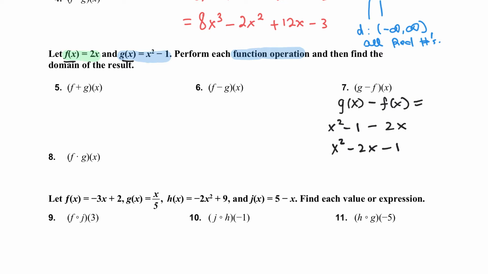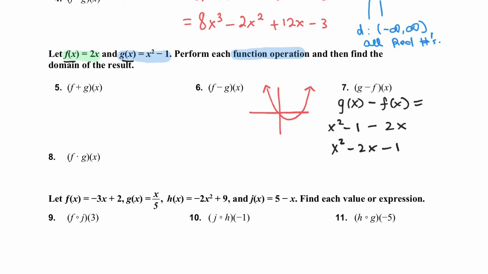I'm going to go ahead and pause the video, and then when we come back, I will graph this, and then we will determine the domain. So here's my graph, and I'm going to sketch it to the best of my ability. All we're interested in is the domain.